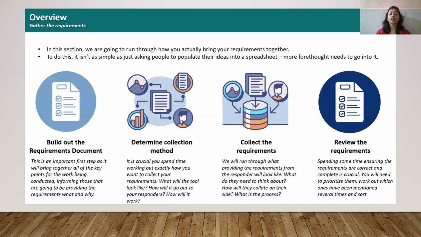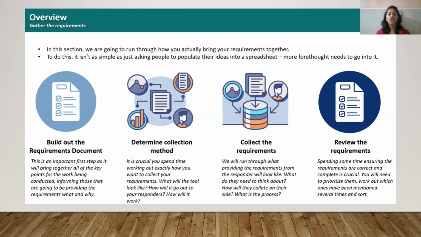After that you need to collect the requirements. We will run through what providing the requirements from the responders will look like. What do they need to think about? How will they collect on their side? What are the processes? We have to give some answers to this. After that we need to review those requirements.